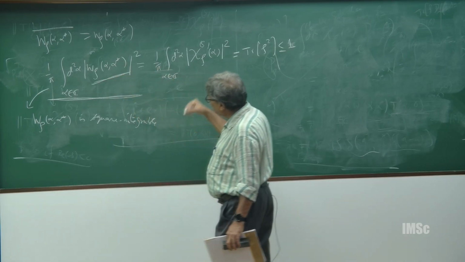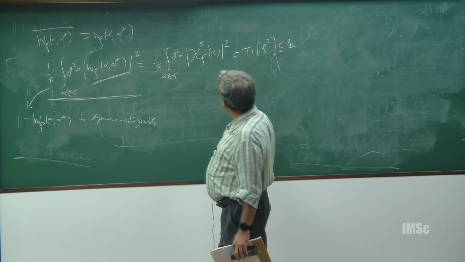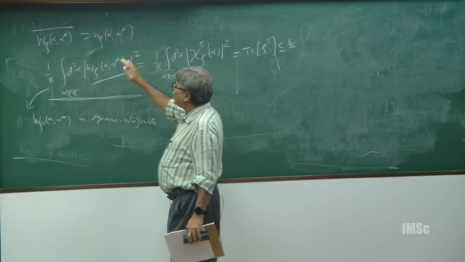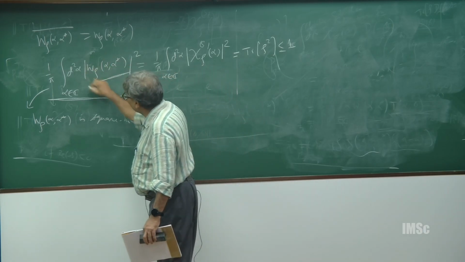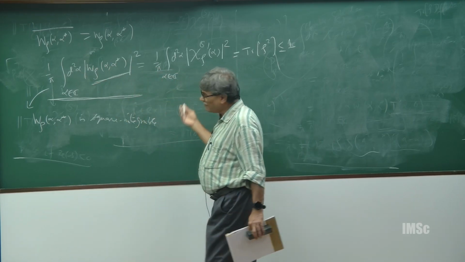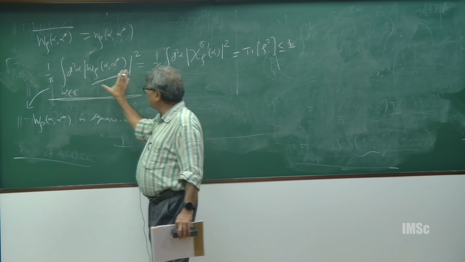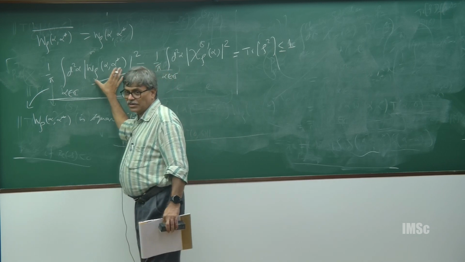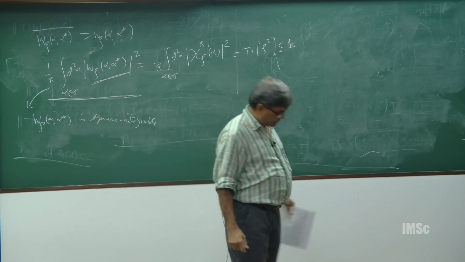In fact, one can prove that also. Well, this does not tell you that it cannot go to infinity, because at a particular point it may happen that it has a singularity, and still this integral is finite, that is possible. But we will show explicitly that this is indeed a finite, bounded quantity between -2 and +2.